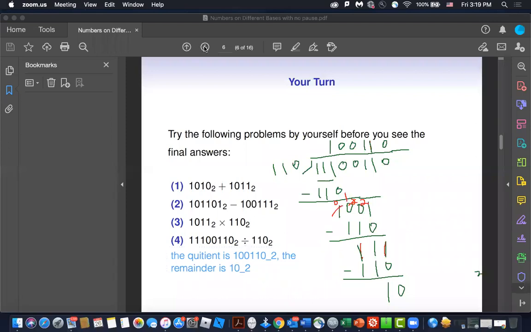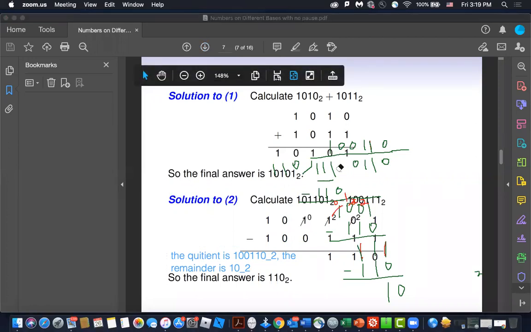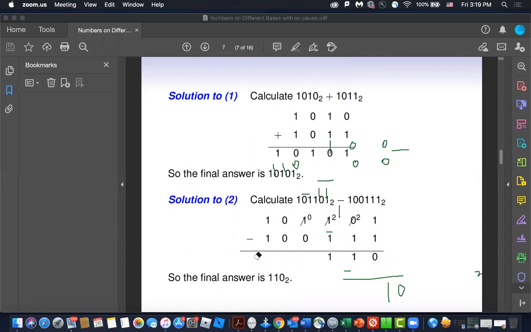So that is binary numbers. Oh yeah, we have all the solutions here already. So you can read this without looking at my messy handwriting. But I prefer doing it again 1 by 1 so you can see the trick.